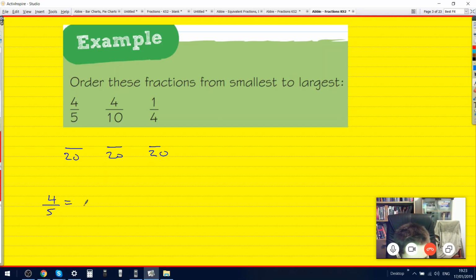So 4/5 equals what over 20? 20 divided by 5 is 4, so you times it by 4. And then you times 4 by 4, which is 16. So 4 over 5 is the same as 16 over 20.